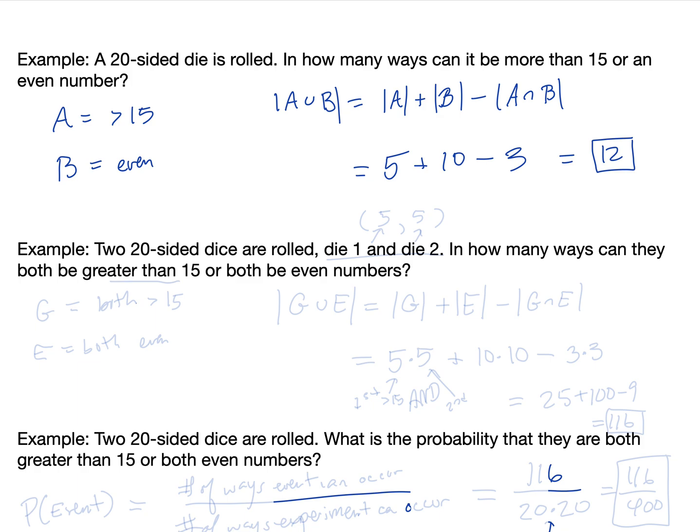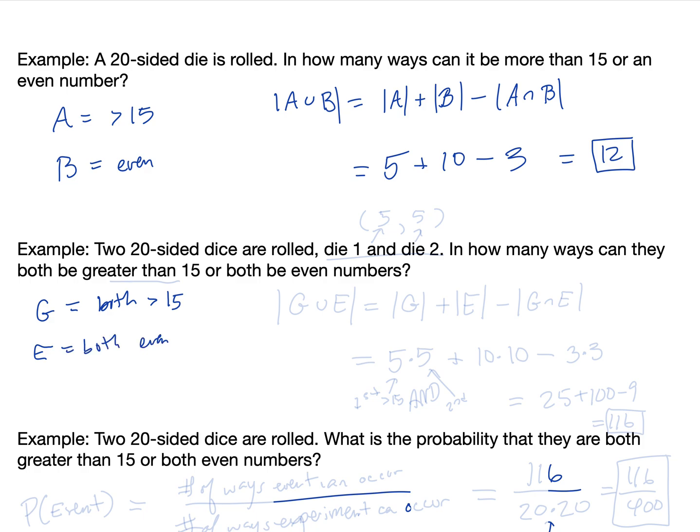Next, what if we're rolling 2 dice? And what's the probability, or in how many ways can they both be greater than 15 or both be even numbers? So let's let G be both greater than 15 and E be both are even.